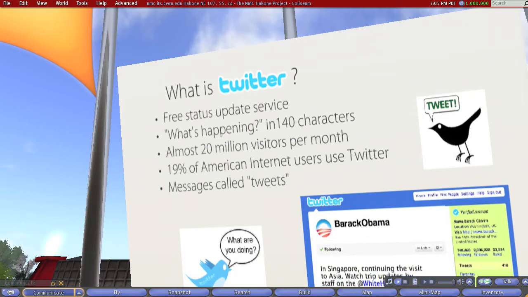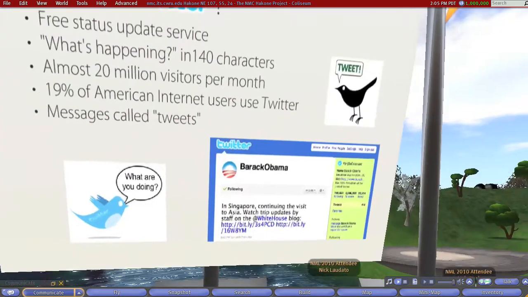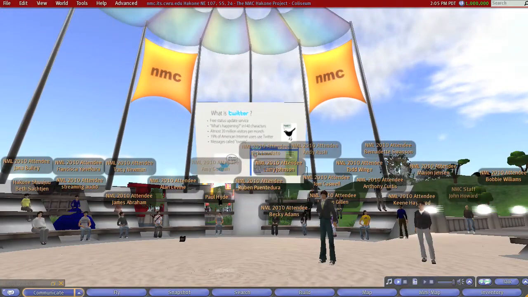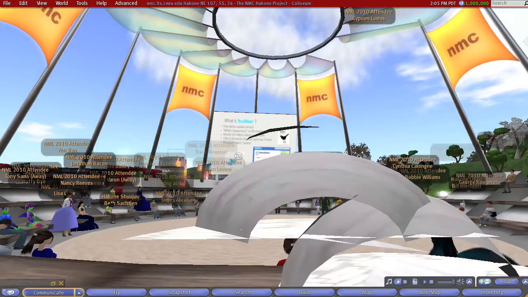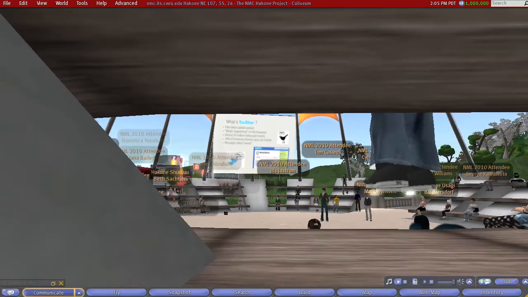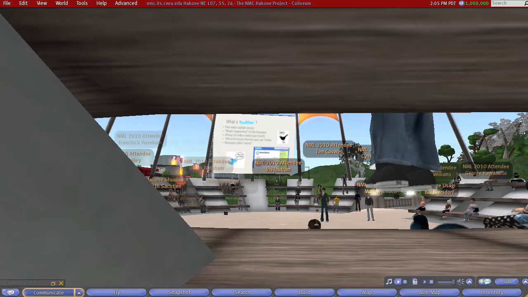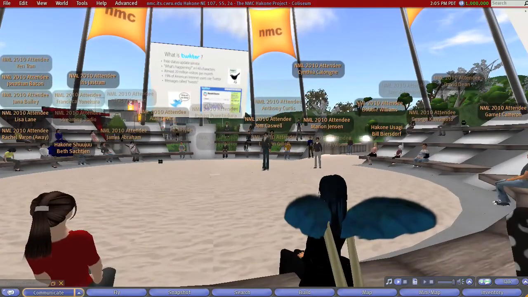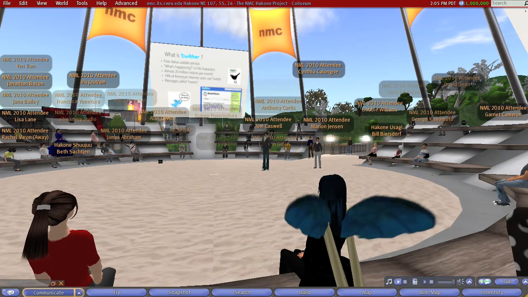Twitter's currently, well, these numbers are a little bit old, but as of late last year, Twitter is being used by approximately 20 million visitors every month. Approximately 19% of American internet users, in the United States I should say, are also using Twitter. So it's a substantial audience, and with these Twitter messages or tweets we're able to access a large number of people.